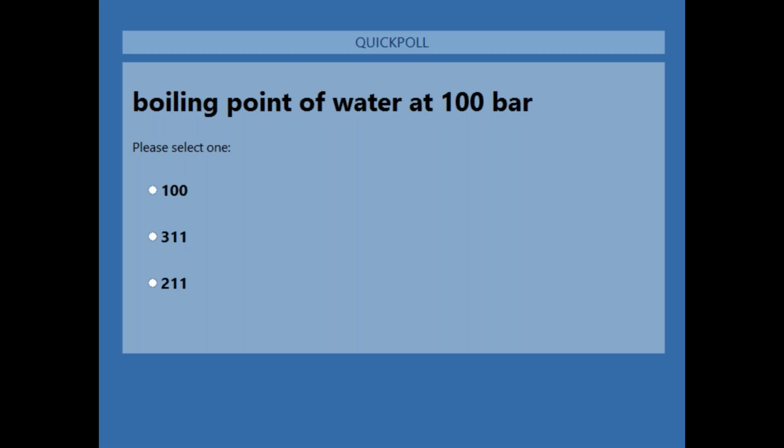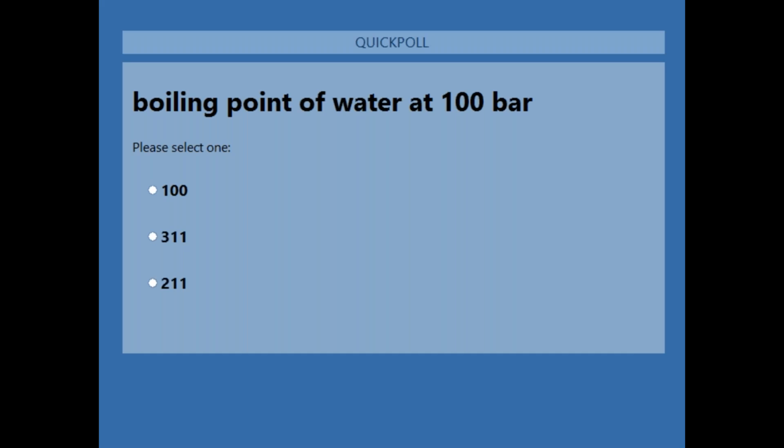So let me close the poll. Only 60% of the class has voted, and of that, again I see some insincere students, about 20% of the students. This is shown from the poll results.